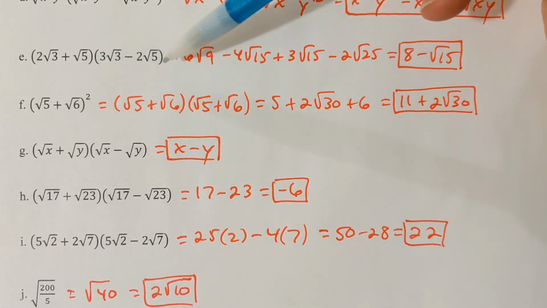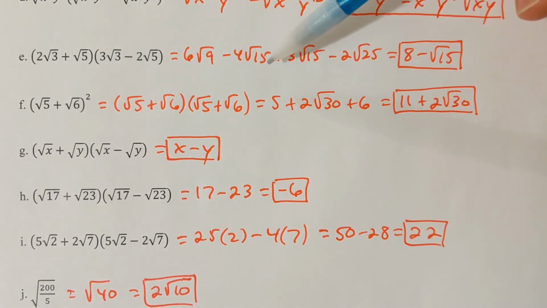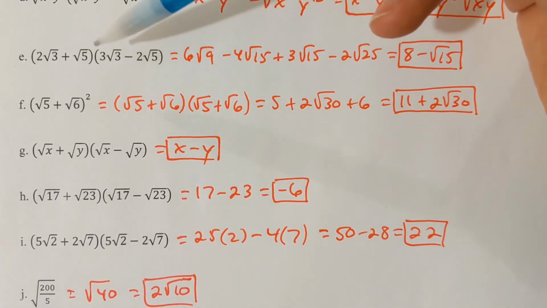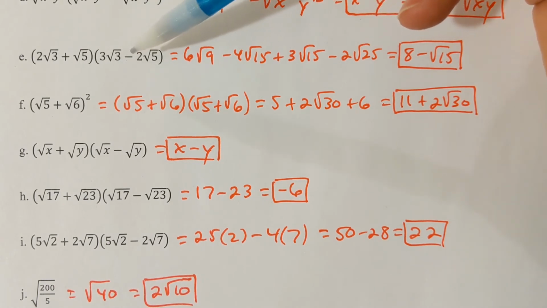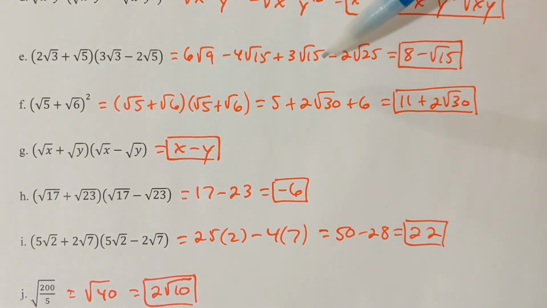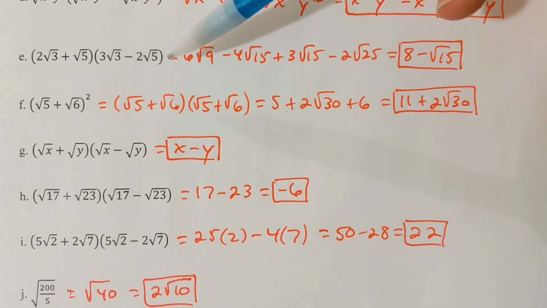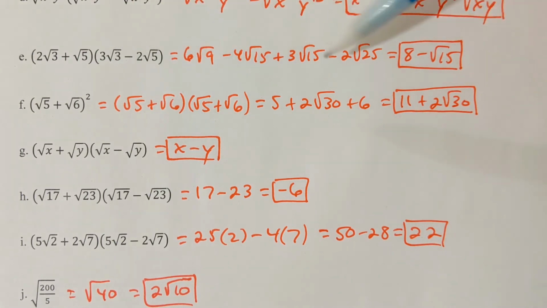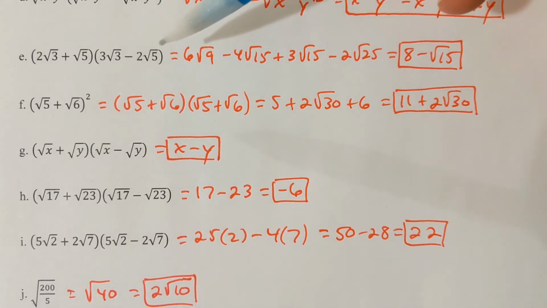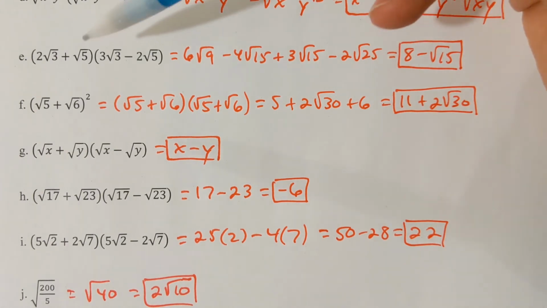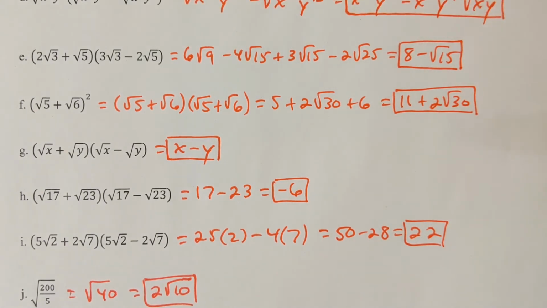The square root of 3 times the square root of 5 is the square root of 15. And then the inner terms, root 5 times 3 root 3, that'd be 3 root 15. The last terms, root 5 times negative 2 root 5, positive times negative is negative. That'd be the same as, I'd be getting a minus 2 times the square root of 25 is 5, right? Root 5 times root 5 is 5.